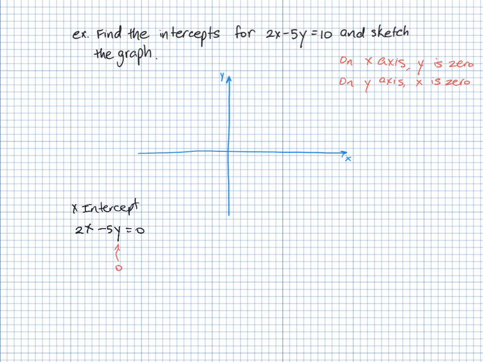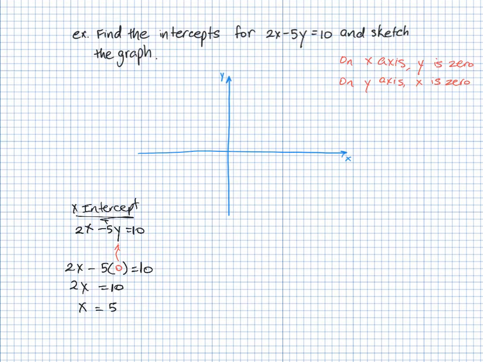So we have here 2x minus 5 times 0 is equal to 10. And I can go ahead and solve for x. Oh, that should be 10, I'm sorry, the 1 got missing here. Now it's there. Okay, so 2x minus 5 times 0 is 10, so 2x is 10, and therefore x is 5. And that is our x-intercept.